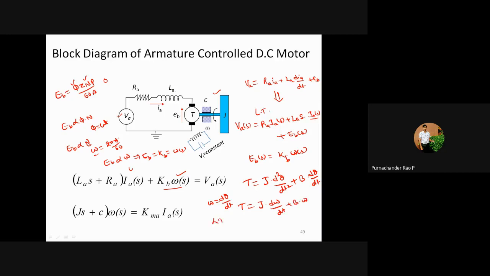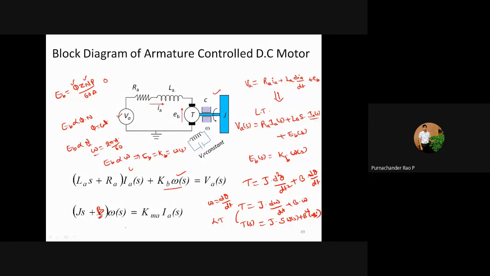Again, if you apply the Laplace transform, this equation is going to be T of S is equal to J S into omega of S, since d by dt is nothing but S, plus B into omega of S. So here this constant term is nothing but B. Okay.